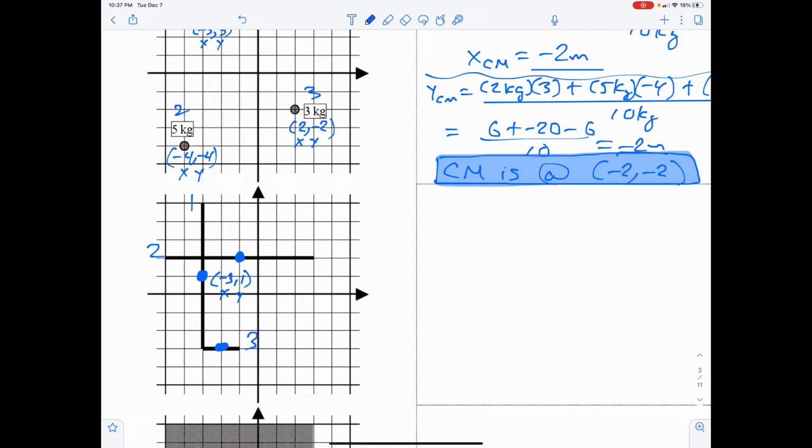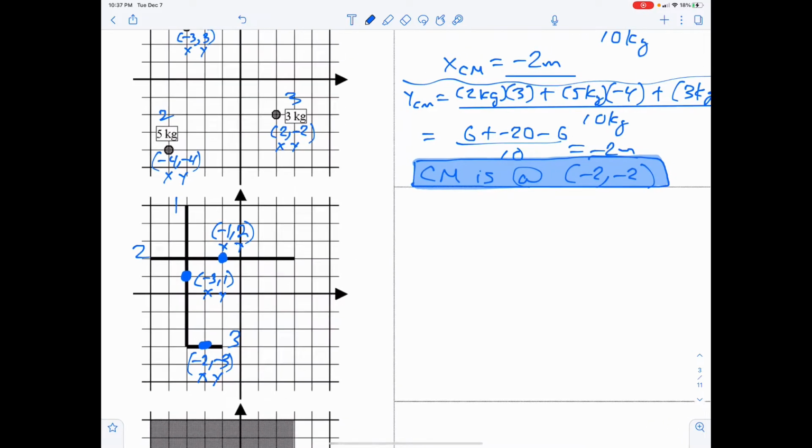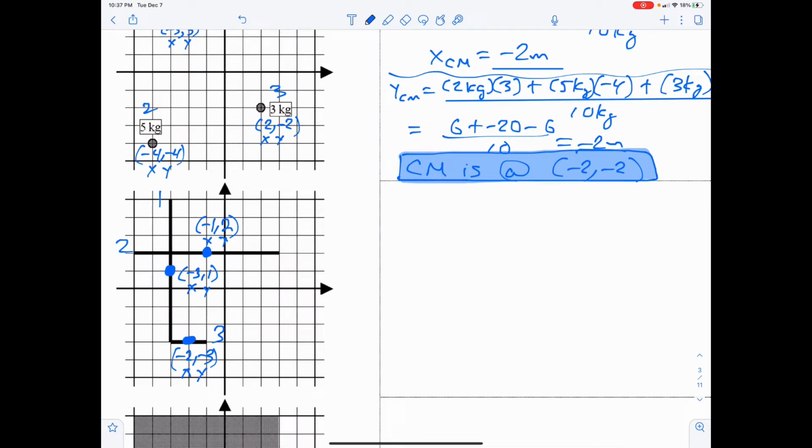Bar 2 looks to have a coordinate point of negative 1, up 2. And then finally, the third bar down at the bottom seems to have a coordinate point of to the left 2 and down 3. So negative 2, negative 3 would be my coordinate point there. So let's do our equation.